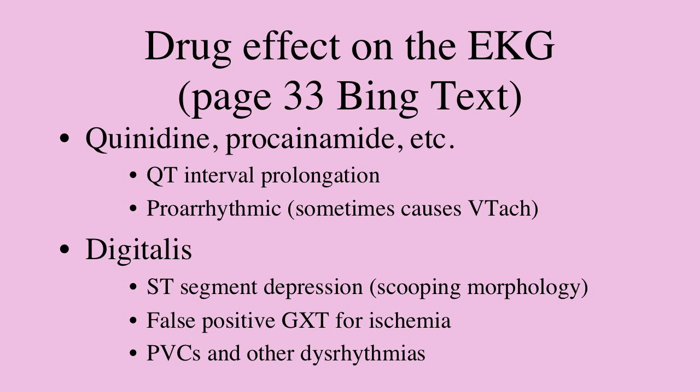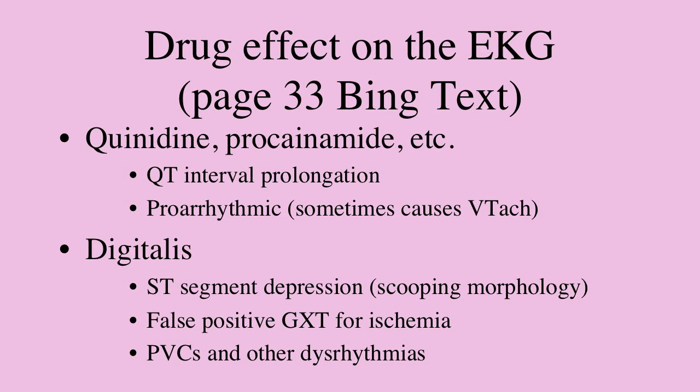Another key cardiac medication is digitalis, and we mentioned this earlier in the course also. And what digitalis does most commonly is it causes ST segment depression in a scooping morphology, kind of like a scoop, like a shovel, and it looks like ischemia.